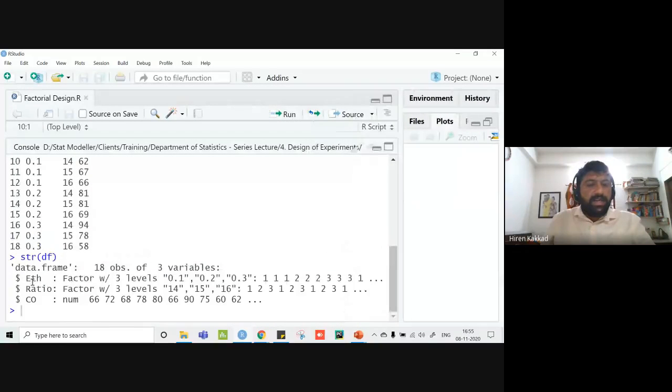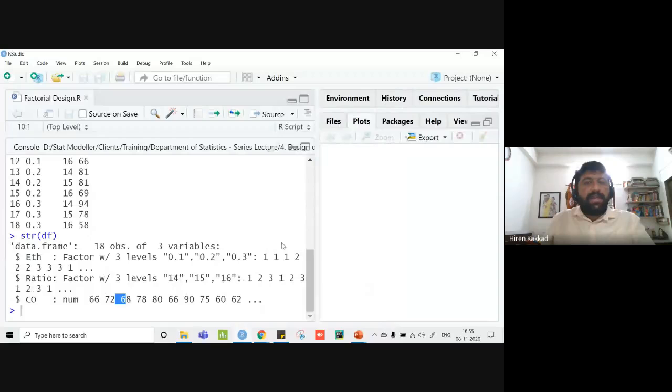So here you can see ethanol is considered to be a factor with 3 levels: 0.1, 0.2, 0.3. The ratio is again 14, 15, and 16, right? And this CO, that is carbon monoxide, is 66 and whatever numbers are there.